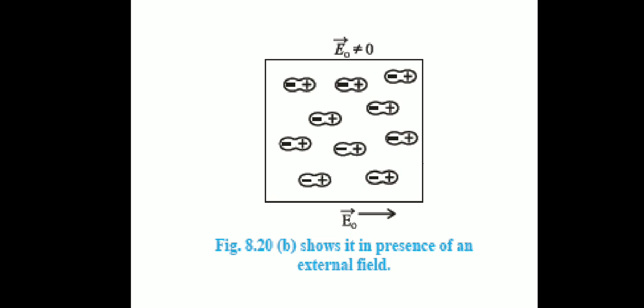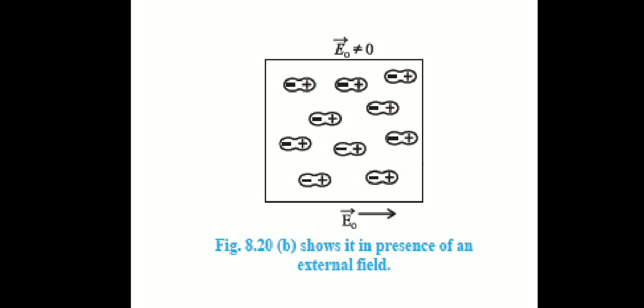So positive charges get displaced in the direction of the external electric field, whereas negative charges get displaced opposite to the external electric field. Because of this, there is a charge separation between the negative charge and positive charge.